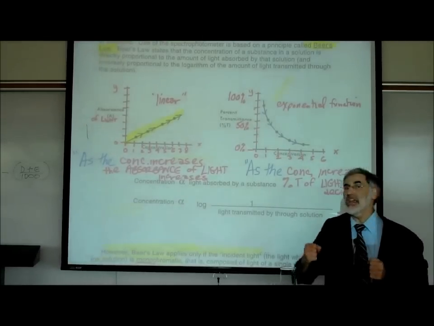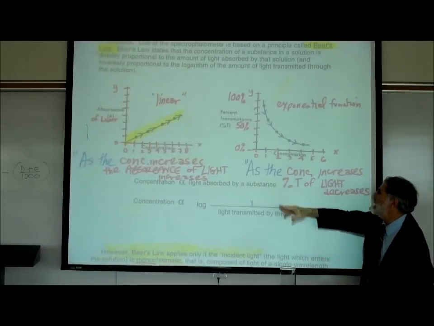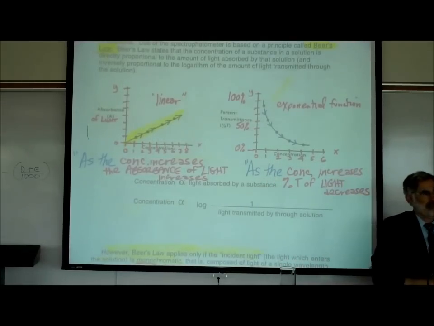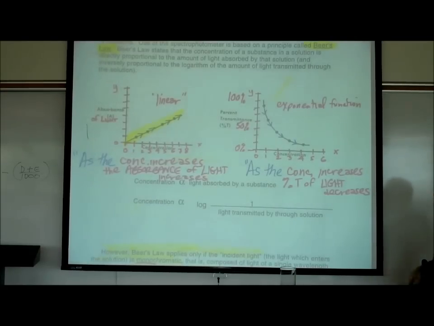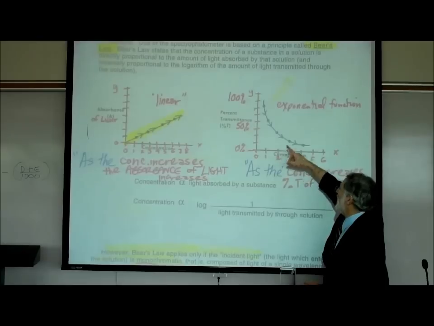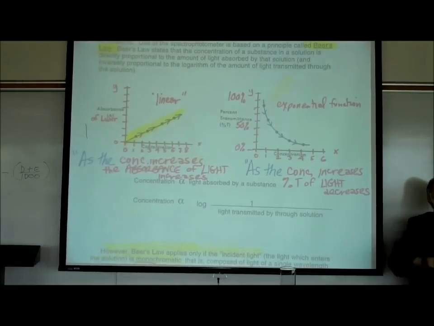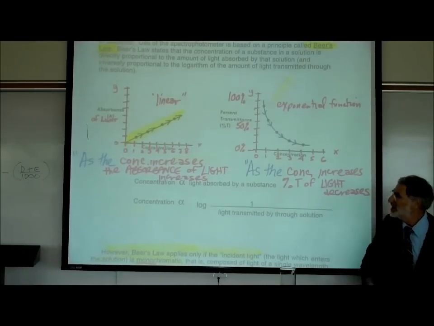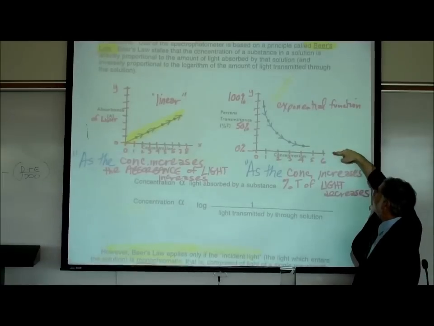Do you remember how we describe a graph? We always begin with "as the." If you didn't know that, you do now. We've talked about that before. And you first say "as the," and you look at what's on the x-axis, which is called the independent variable. So as the, and what's occurring on the x-axis?